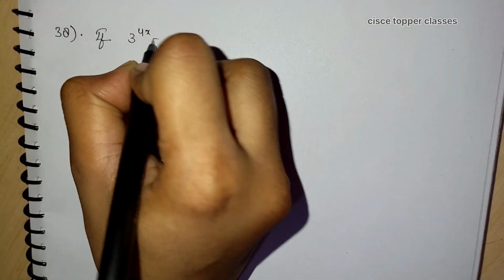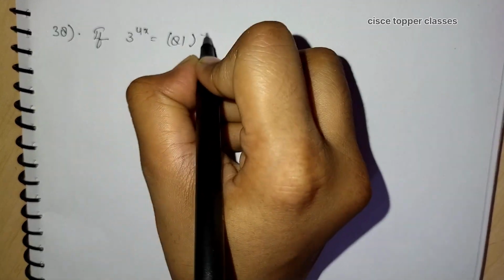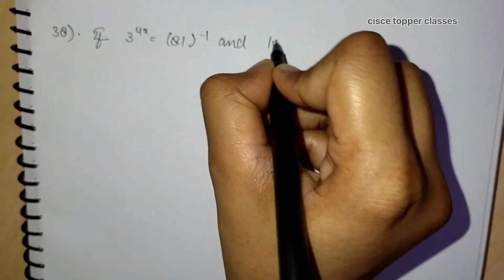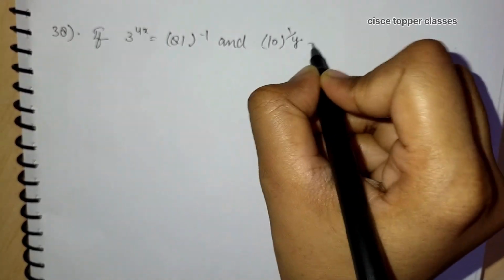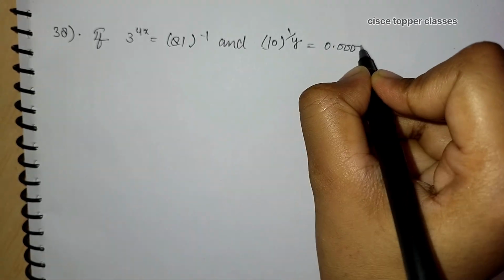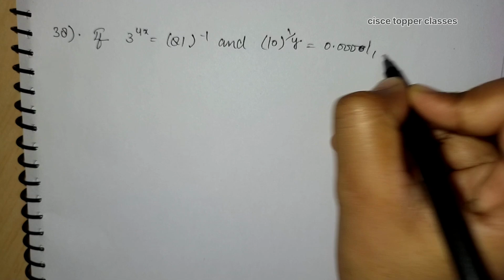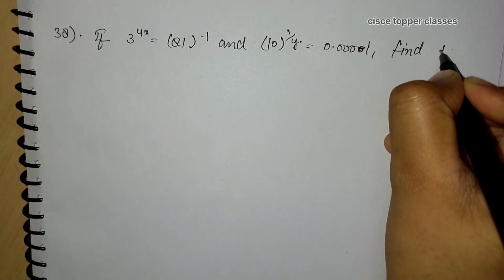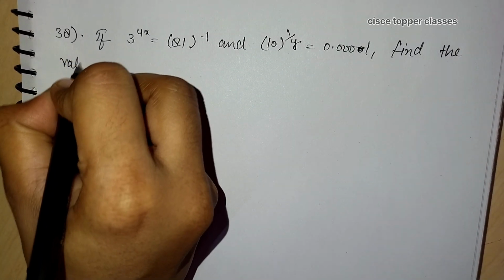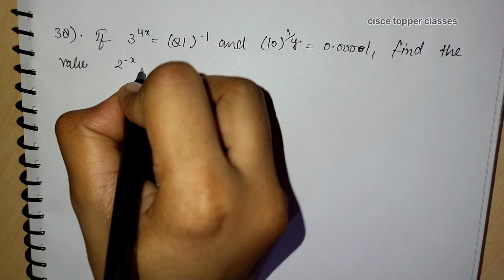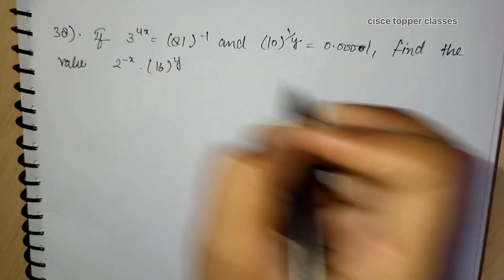Now let us solve the 38th question here, which is: if 3 की power 4x is equal to 81 की power minus 1 and 10 की power 1 by y equal to 0.00001, then we have to find the value of 2 की power minus x into 16 की power y.